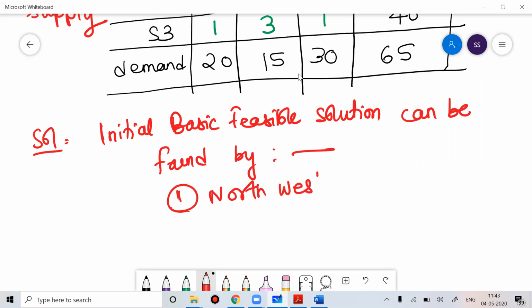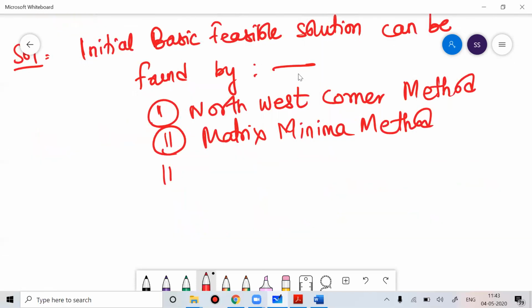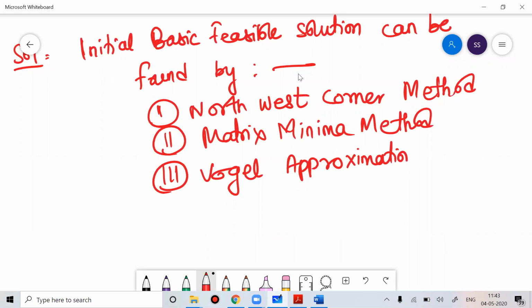Another method apart from the northwest corner method is the matrix minima method, whose other name is the least cost method. And the third method is the Vogel approximation method.